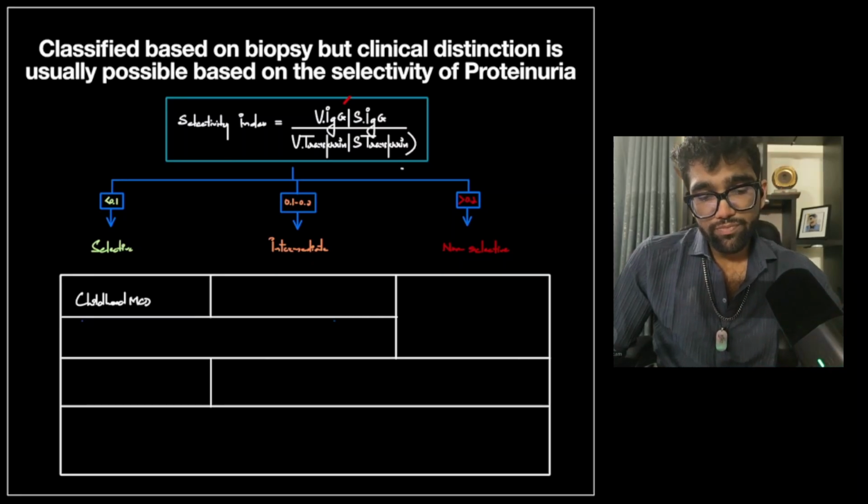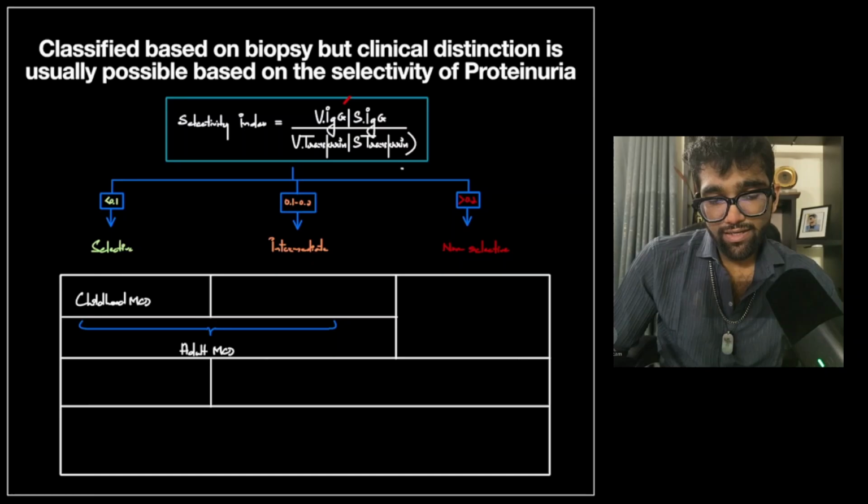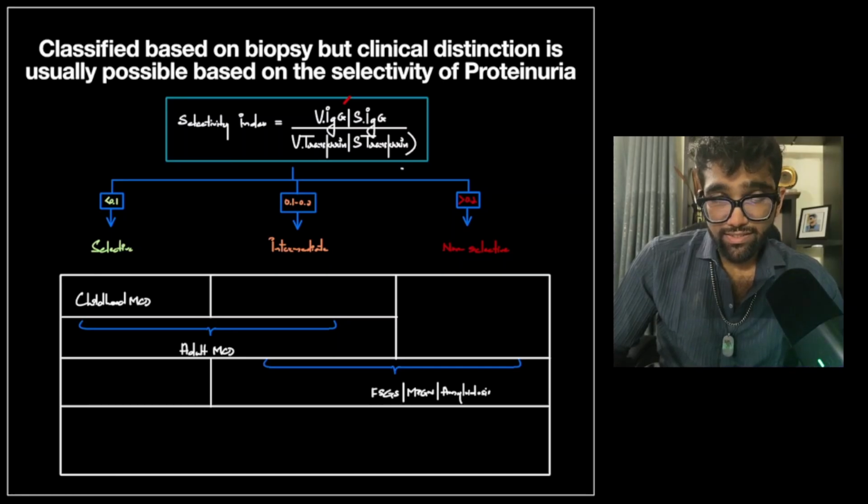This highly selective proteinuria is characteristic of childhood minimal change disease. Intermediate, and sometimes highly selective, can occur in adult minimal change disease. Non-selective and intermediate proteinuria occurs with the other entities, that is FSGS, membranoproliferative GN, and amyloidosis.